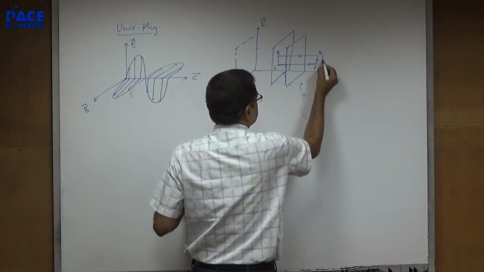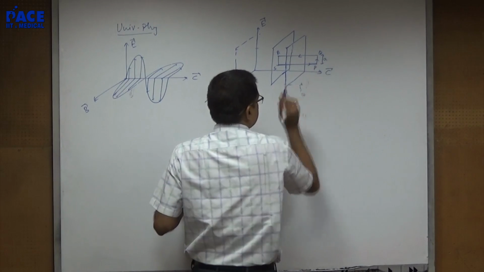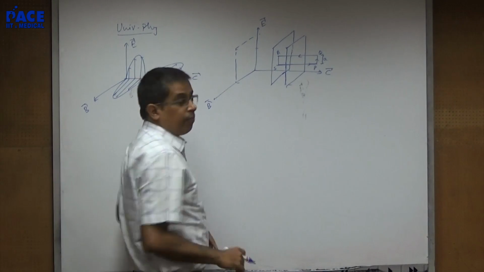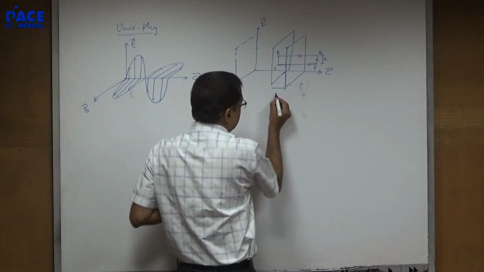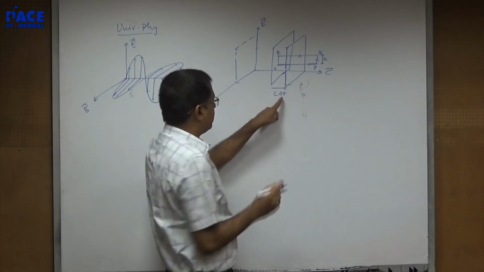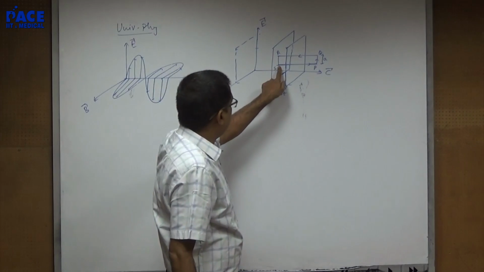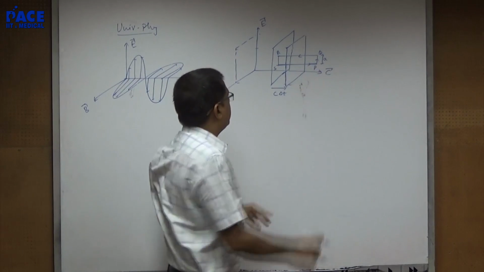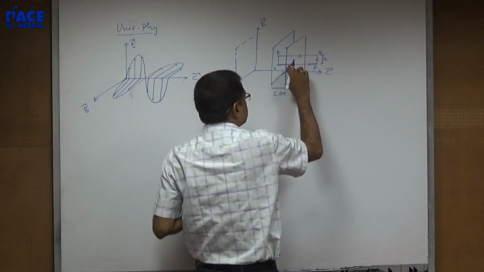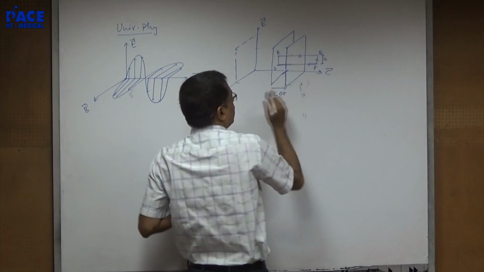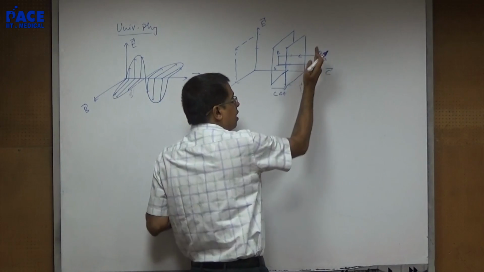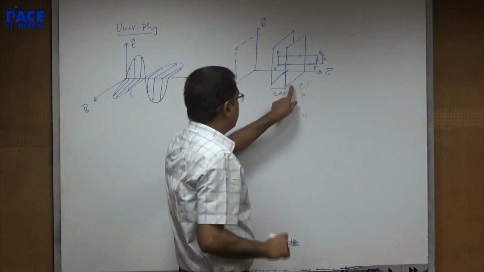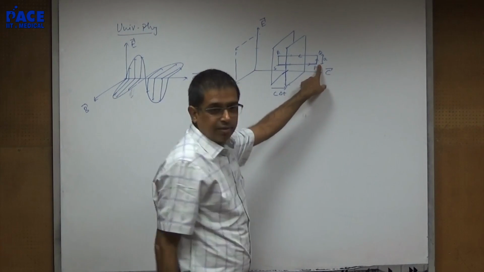This is A. They played it smart. They told you the wave travelled from here till here in time delta t. And they placed one part of the Ampere circulation outside the electromagnetic wave. The electromagnetic wave did not come till here.